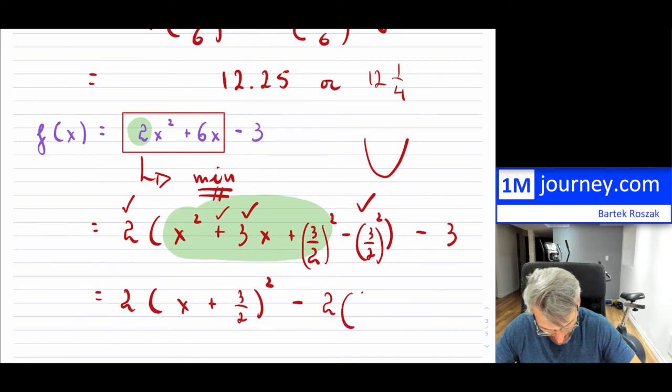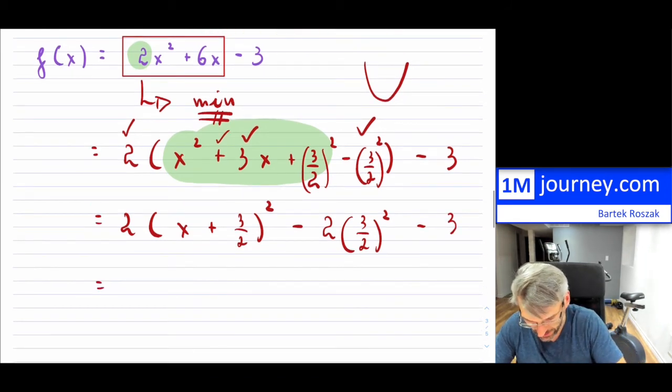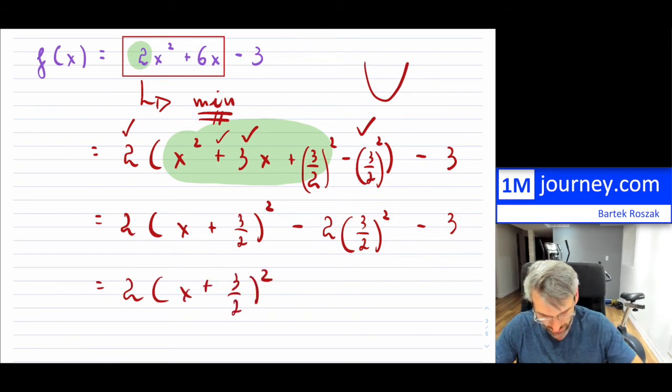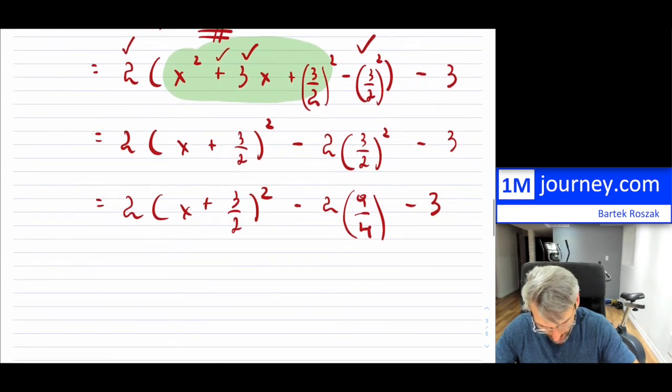So 3/2 squared, and then minus the 3 there at the end. And finally, super close. From right here, this is going to be 2. This is 9/4 minus 3. And from these two right there, this 2 goes into the 4.